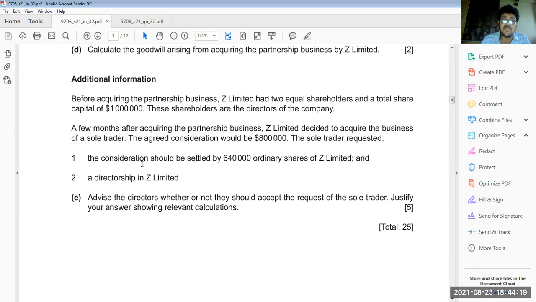If he acquires 640,000 ordinary shares in C Limited, he will be the most powerful director in the company. So there may be new conflicts. It is very possible that the incoming sole trader would bring assets and more customers, but there is a power conflict.